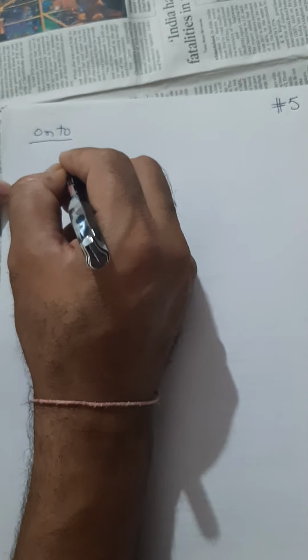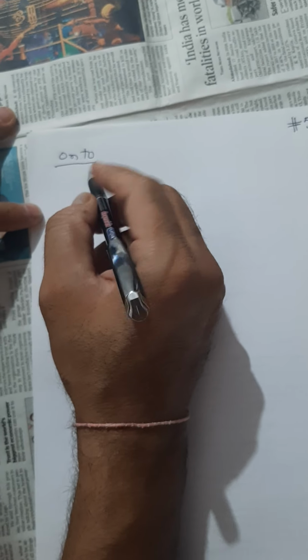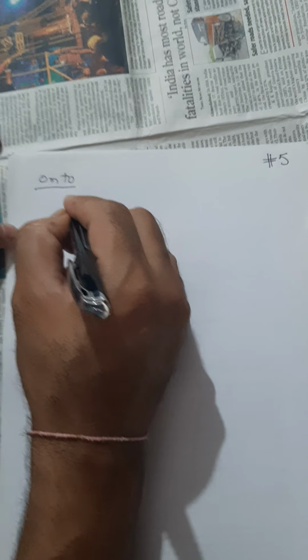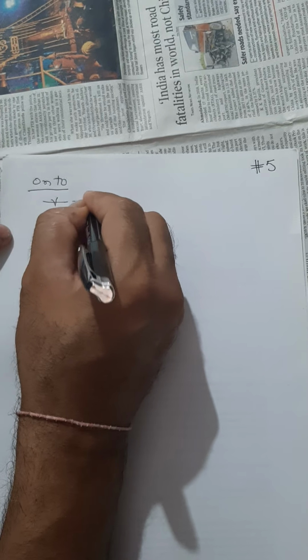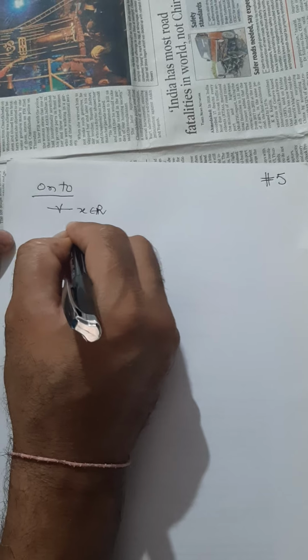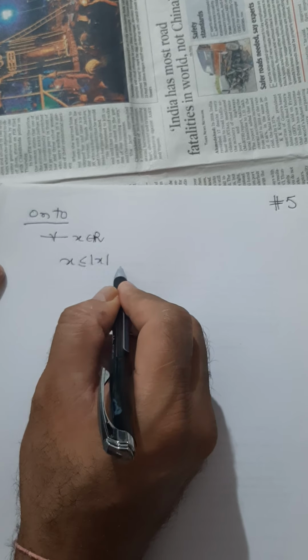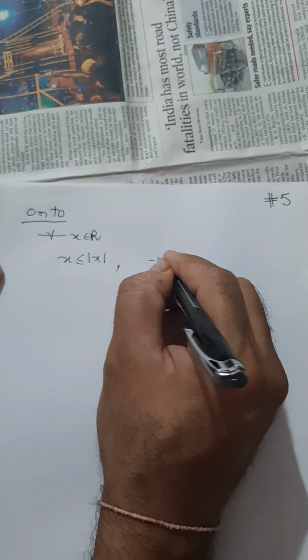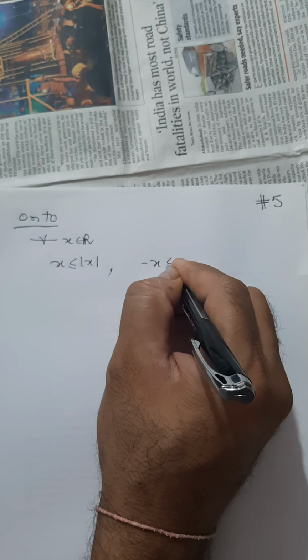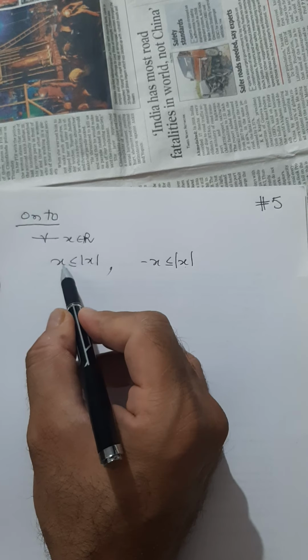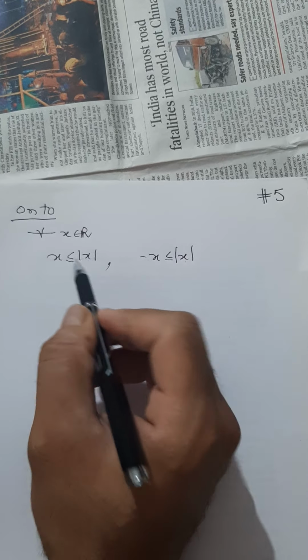Now the onto part. So I'll try to find the range directly. You know, for every real number x, modulus x is always greater than or equal to x, and even minus x is less than or equal to modulus x, so modulus x is always greater than or equal to both of these.